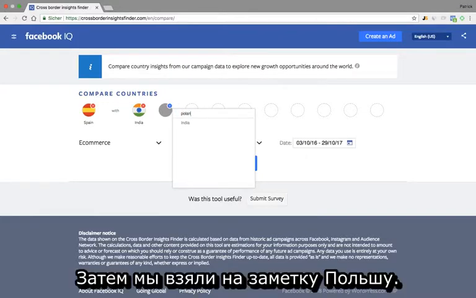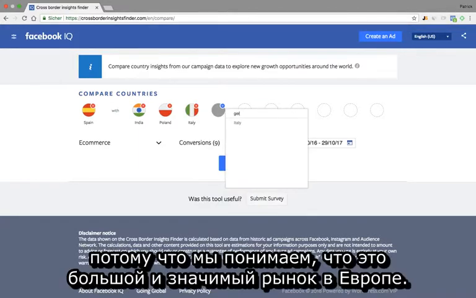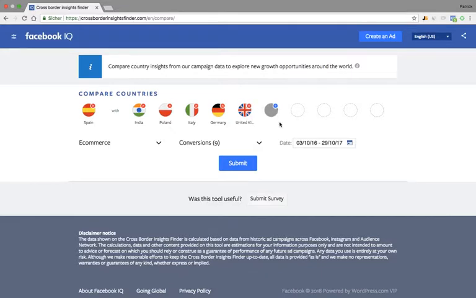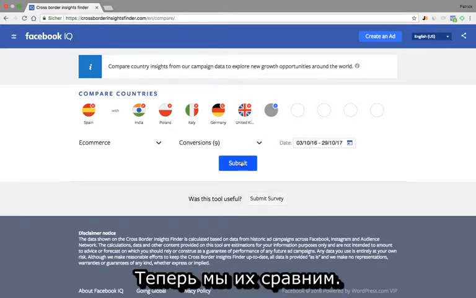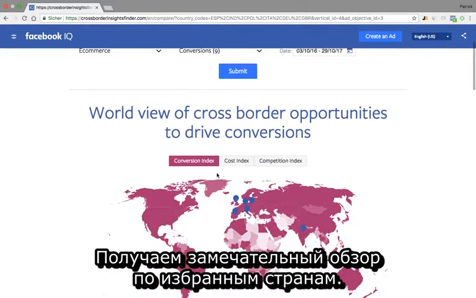Then we said Poland, of course. Then we said Italy. Then we still take Germany because we know it's a big important market in Europe, and we take the United Kingdom. Then we compare the last year, and then we got a nice detailed overview of the specific ones.